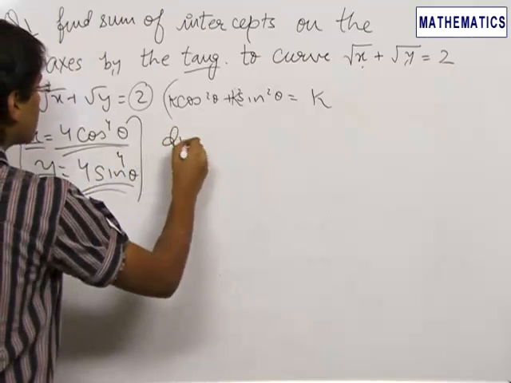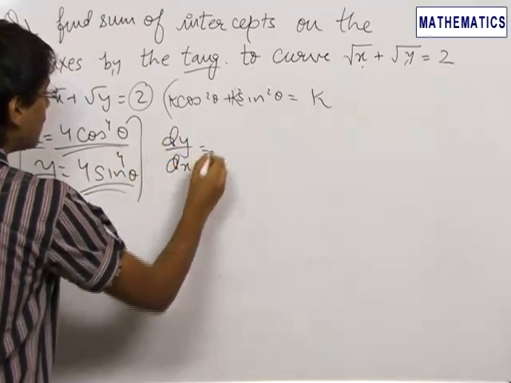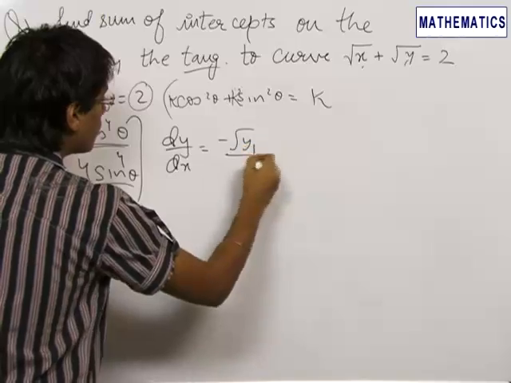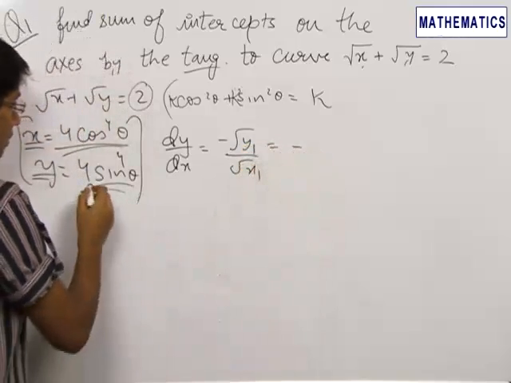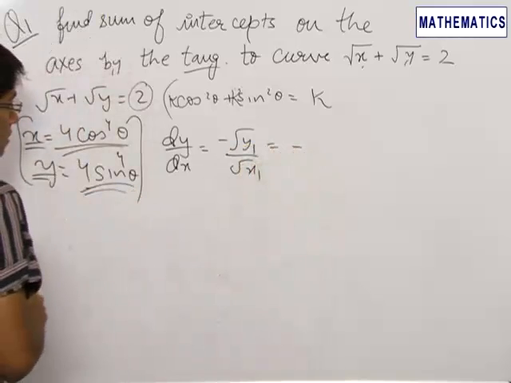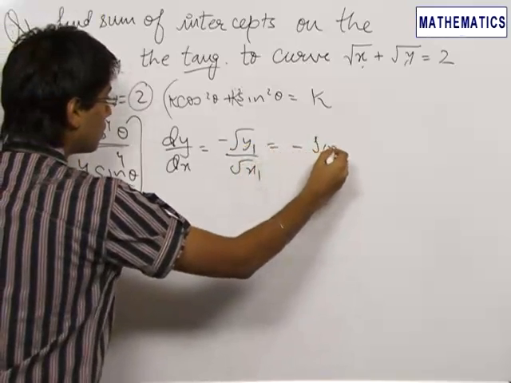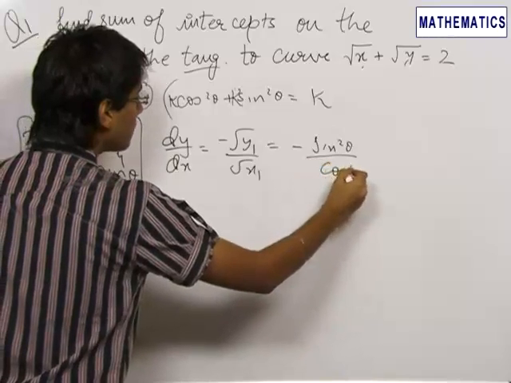Now our dy by dx as earlier was equal to minus root y1 upon root x1. So this is equal to minus of under root of this divided by under root of this, which is equal to sin square theta divided by cos square theta.